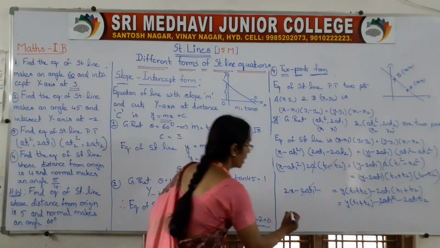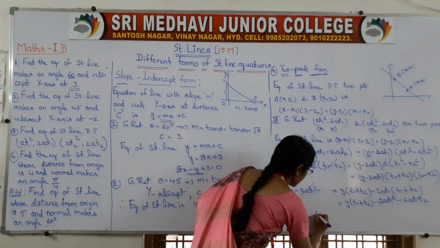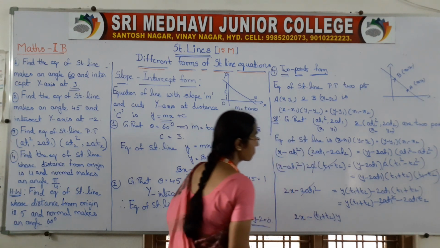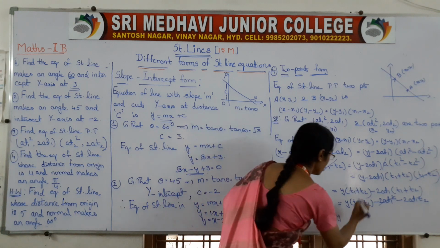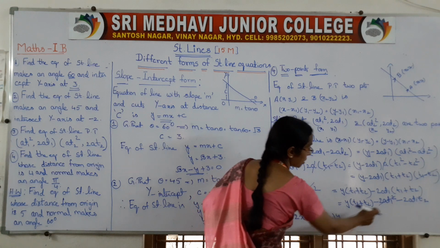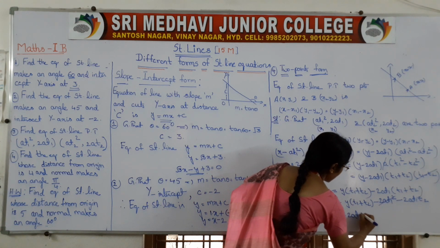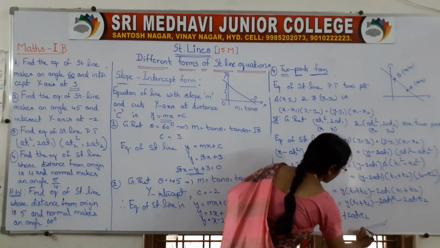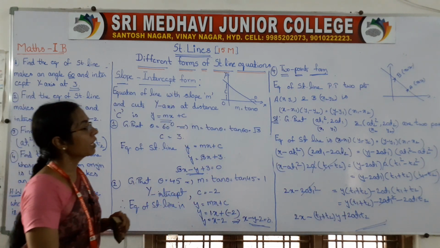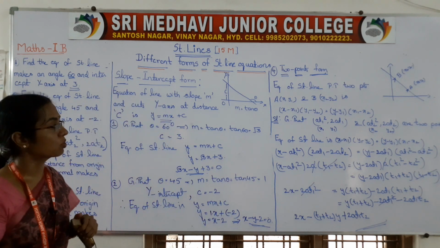So finally your equation is 2x minus (t1 plus t2) into y, and bring that value this side. What happens? This is positive, it comes negative. Here this is negative, plus 2at1t2 is the required straight line equation. 2-point form, very very important, most repeated question also.